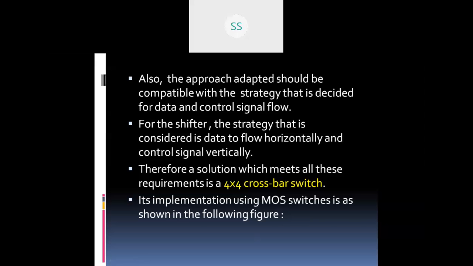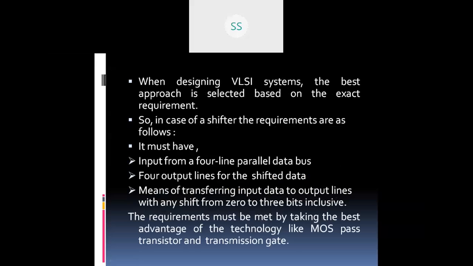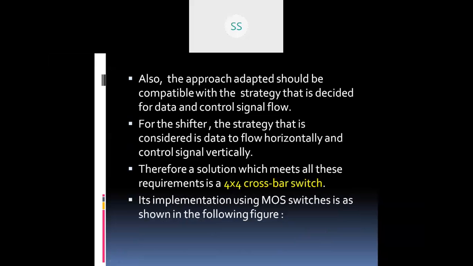Previously we stated many approaches, and we have to select the approach which suits all these requirements for the shifter. It should have input from a 4-line parallel data bus and also 4 output lines for the shifted data, as well as a means for transferring the input data to the output lines. That shifter should also make use of MOS transistors, and whatever the data flow and control signal flow is, it should match all the previously used strategy.